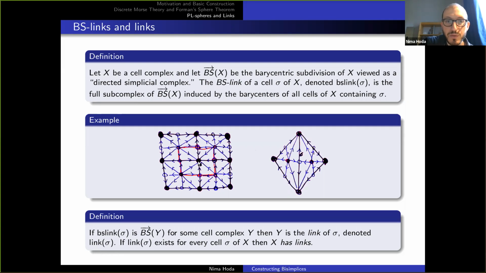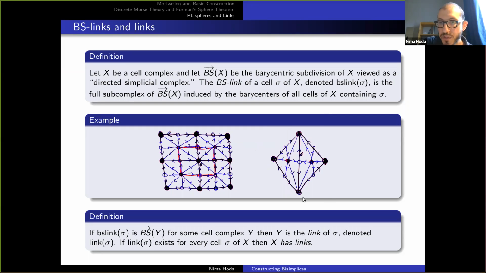So we take all the barycenters of all the cells that contain sigma. There are 8 such cells: the 4 squares, and then 4 edges. Taking the full subcomplex on all those barycenters, we get this subdivided square as the BS link of sigma.